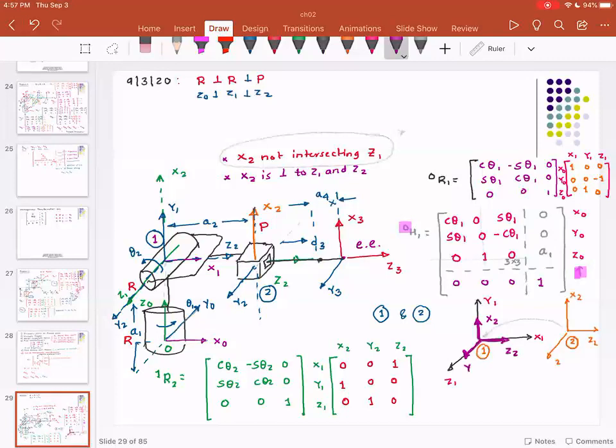Do you agree with me that all the 4 conditions are now satisfied? In other words, x2 is now perpendicular to z1, x2 is now perpendicular to z2, and x2 is intersecting z1 and z2.